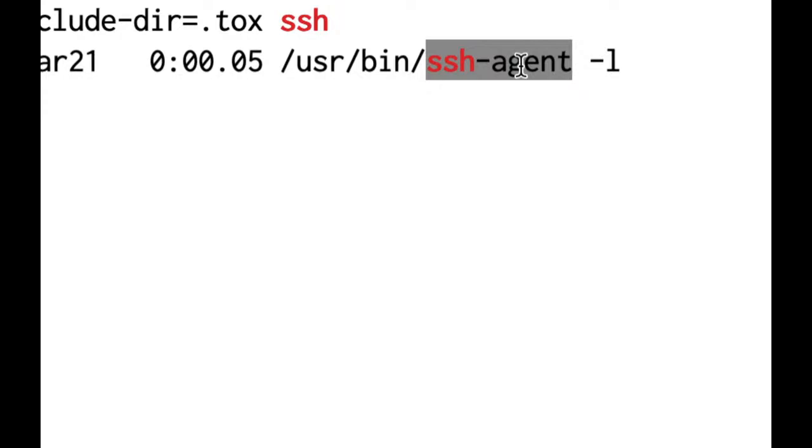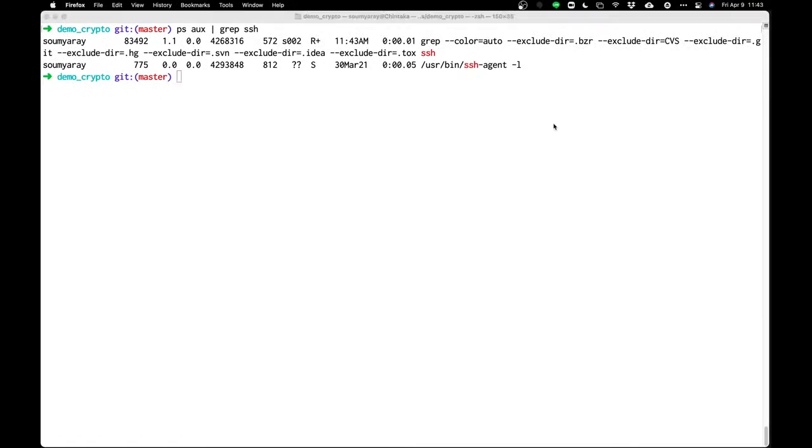And this agent, this is the risky part, stores the private key in memory while it's running. I hope it obfuscates it somehow, but the private key is kept in memory so that you're not always asked to enter your SSH passphrase, almost hardly ever. Keeping the private key in memory can have its own security implications.